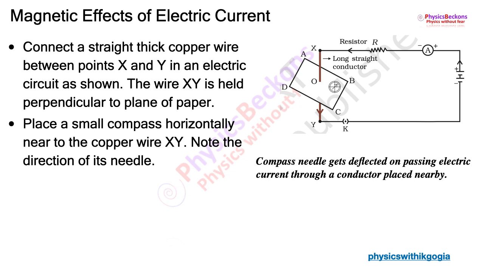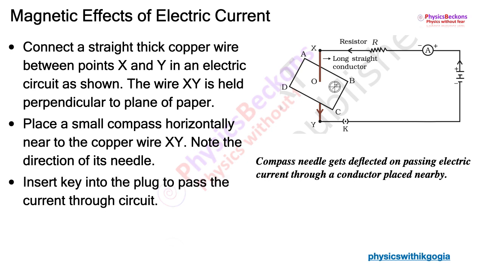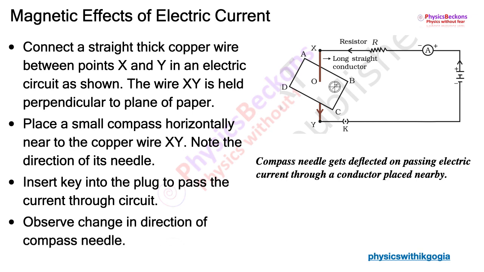The circuit is open so far. No current is flowing. So as expected, the compass will point in north-south direction because it is freely suspended. Insert the key into the plug and pass current through the circuit, and observe the magnetic compass.